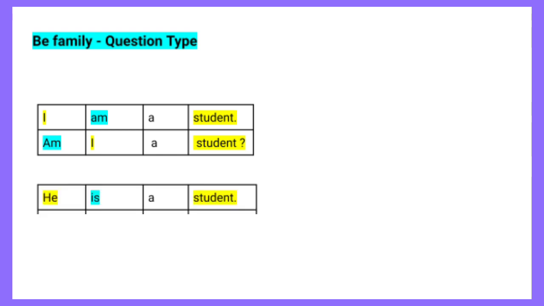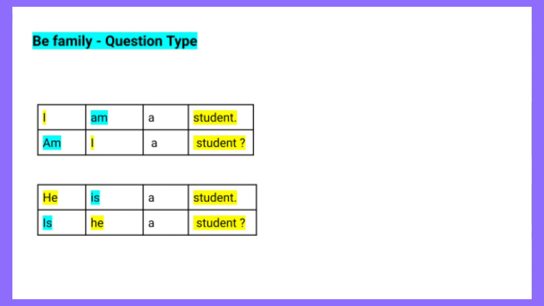Okay, next you say, he is a student. How to make this sentence a question type sentence? Yeah, in the first sentence, I am, we just changed the position, am I. So he is, yes, very good. Is he a student? Fantastic.